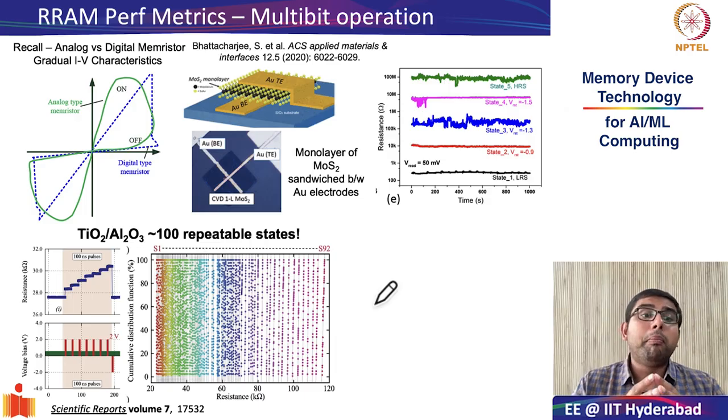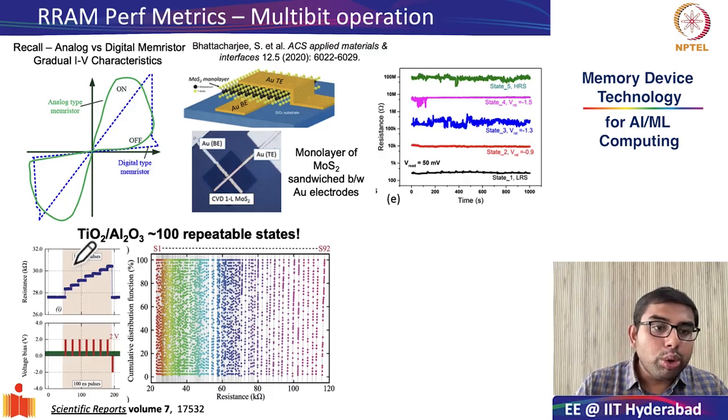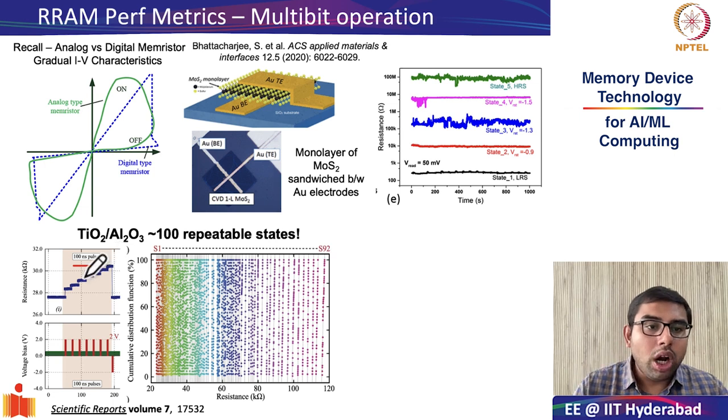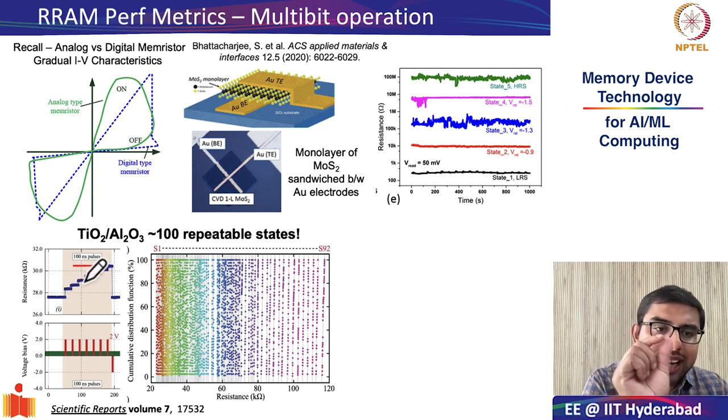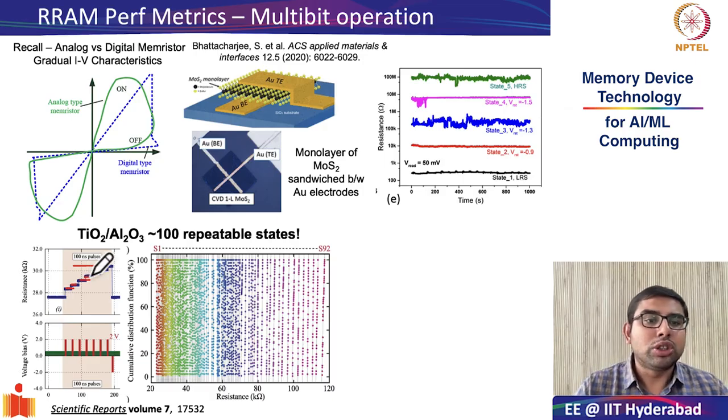However, by using binary oxide RRAMs, researchers have been able to show even better performance in terms of packing many more states. And the trick is not to use DC IV sweeps, but to use pulsing. As shown, by applying just 10 nanoseconds of pulsing at 2 volts, you are able to move reliably between very closely spaced states.